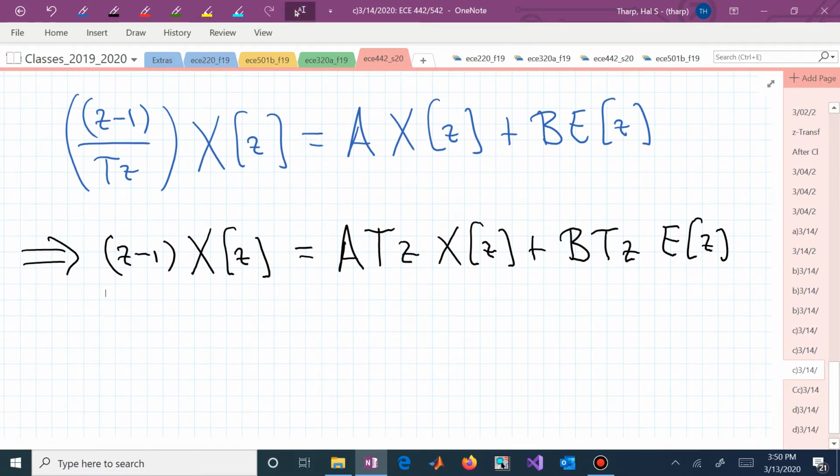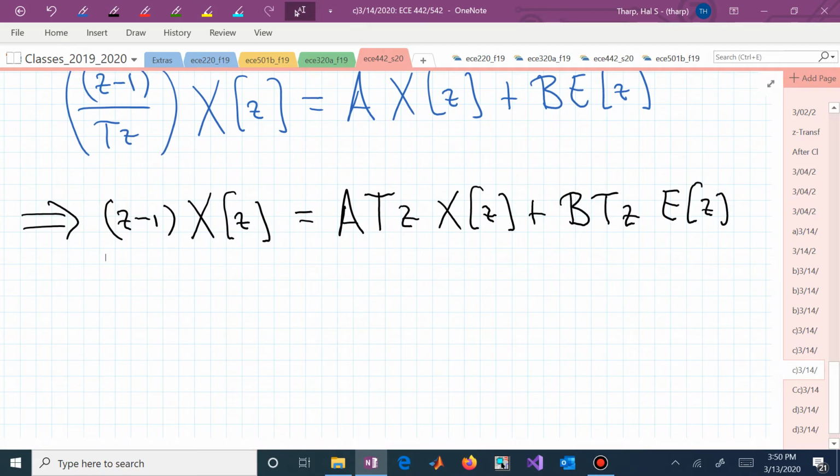Let's collect all of those terms that are a power of Z of 1 scaling capital X of Z, and then the constant factors of X of Z, and also remember this B T Z scaling E of Z. Let's on the left-hand side write down all of the terms that are scaled by Z. So we have Z X of Z, that's this one.